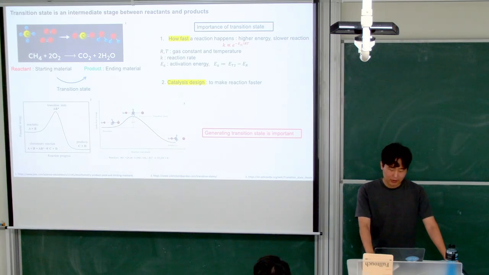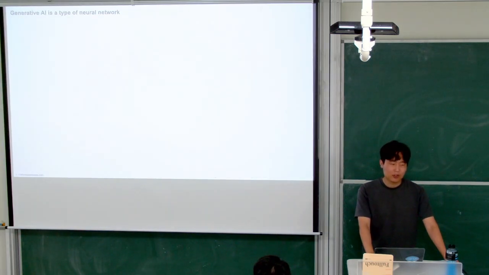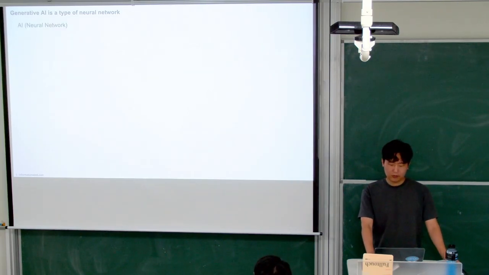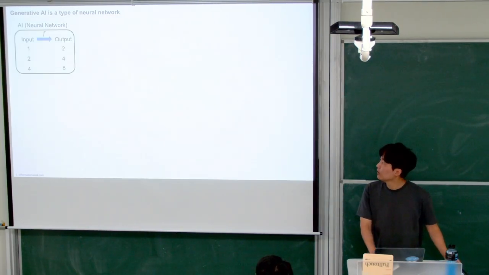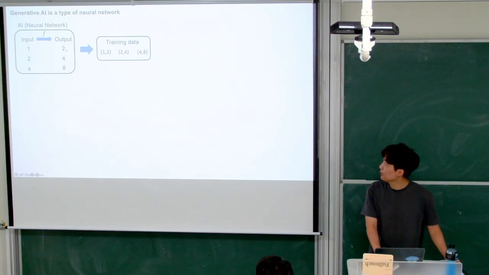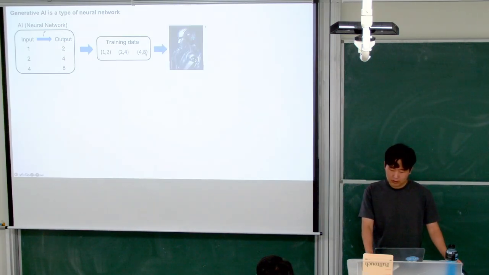so how do we generate it? We will use generative AI. So what is generative AI? Generative AI is a type of neural network. What is a neural network? A neural network is basically a function of an input and output. If we train on given data, with input and output pairs, say 3 pairs, we train it to the machine.